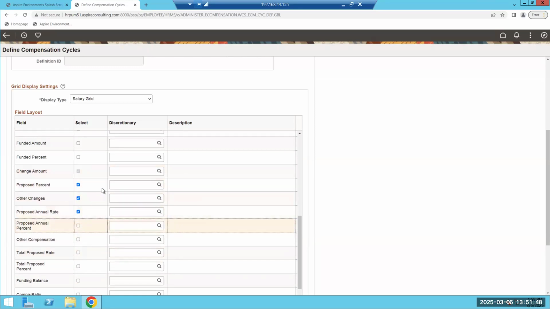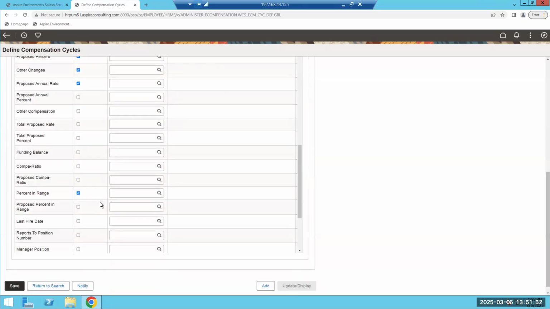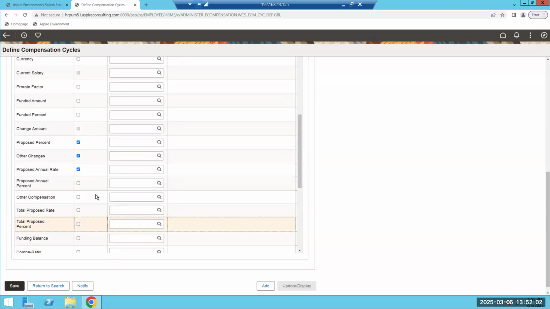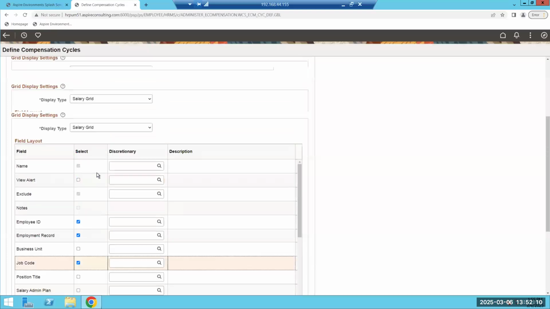Some we need to turn on. But basically, this is where we can configure what we want to see. So you can see I turned on percent range because that was applicable to our matrix. Also turned on performance rating, again, applicable to how we're coming up with the increase for the person.